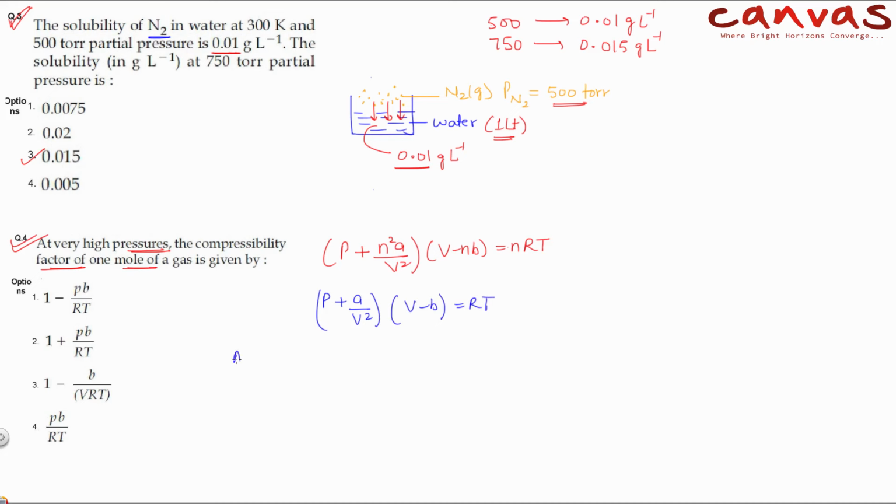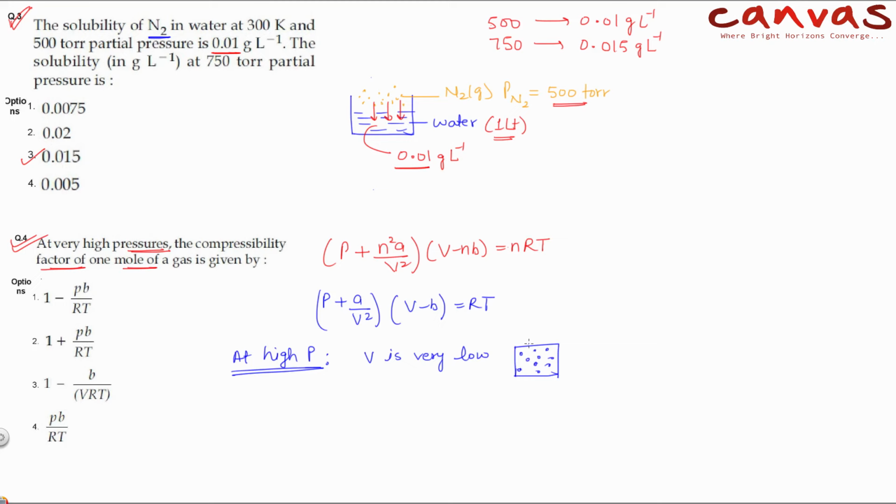Now at high pressure conditions, when the pressure is very high, volume is very low. If volume is very low, it means molecules are so close to each other that you cannot say that they occupy negligible space.